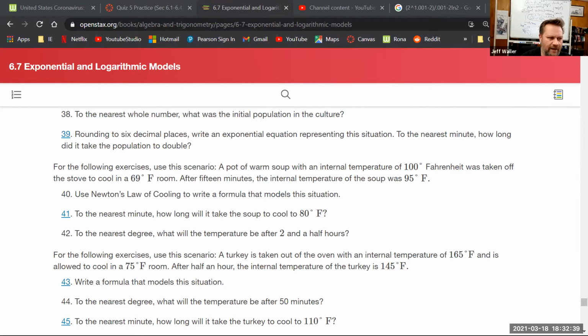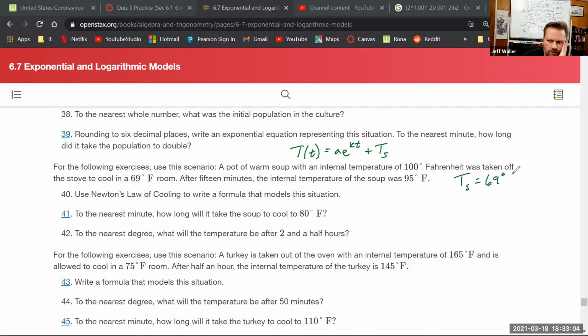So let's identify the parts here. Let me rewrite the equation. We have T, the temperature at some time. So what is TS? 69 degrees Fahrenheit.